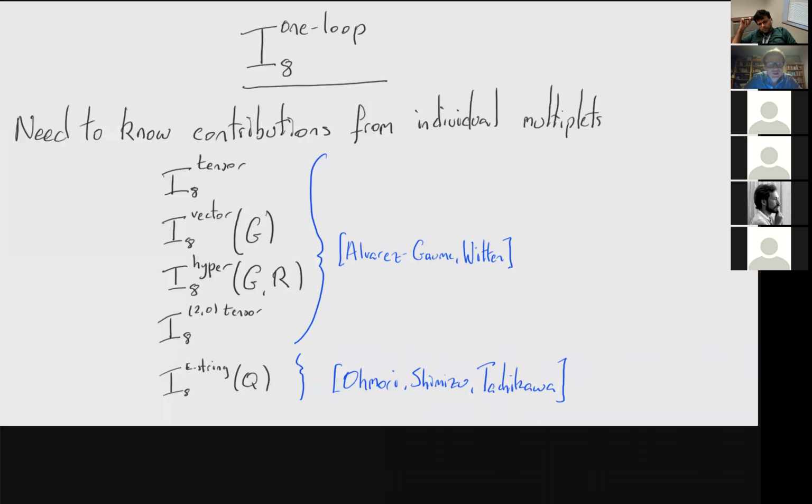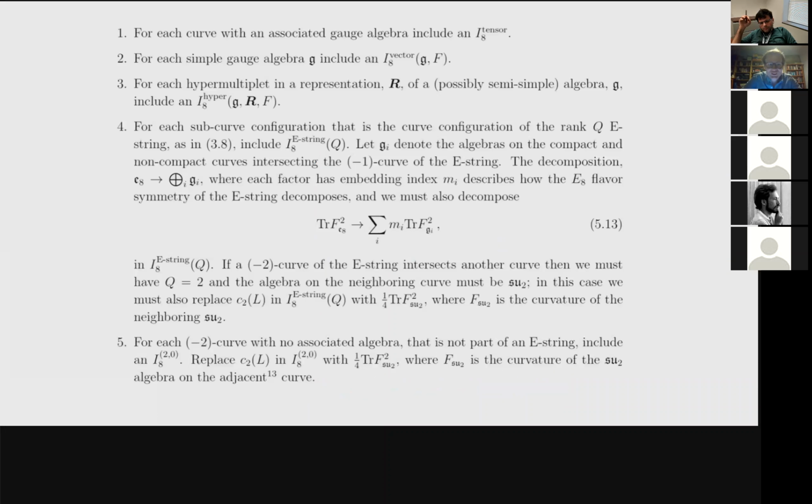Okay. So now you have a little algorithm, which I certainly don't expect you to read, but it's algorithmic, which is great. For each curve that has a gauge algebra, you include a contribution of a tensor multiplet. For every gauge algebra, you include a vector multiplet. That seems pretty obvious. For every hypermultiplet, you include the contribution of a hypermultiplet, and so on. And then for each E-string, you include a copy of the contribution of the E-string.